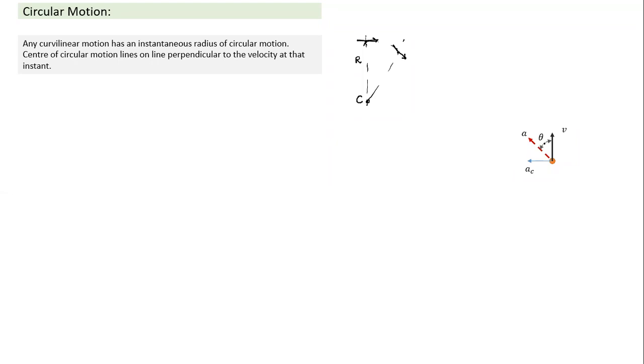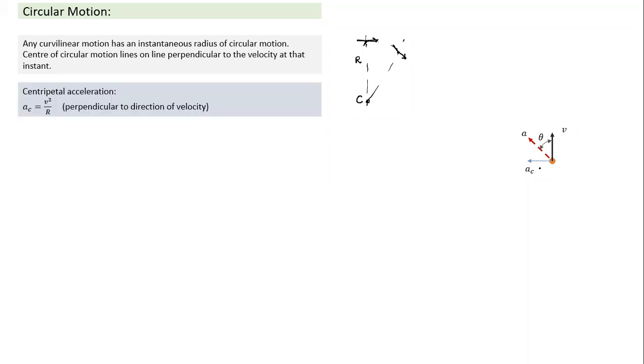The moment we have an acceleration and the angle between velocity and acceleration is given, I can resolve it into 2 components. The one perpendicular to velocity is called the centripetal component of acceleration. So what is important to know? If I know the angle between velocity and acceleration, I can find out the centripetal acceleration. And if I have velocity and centripetal acceleration, we can find the radius. That's the property we use. Centripetal acceleration is equal to v square by r, and it will lie on a line which is perpendicular to velocity.